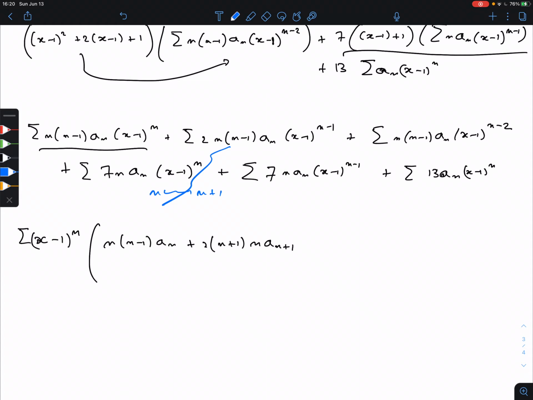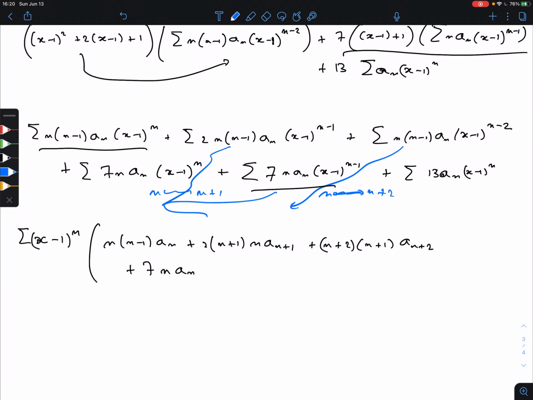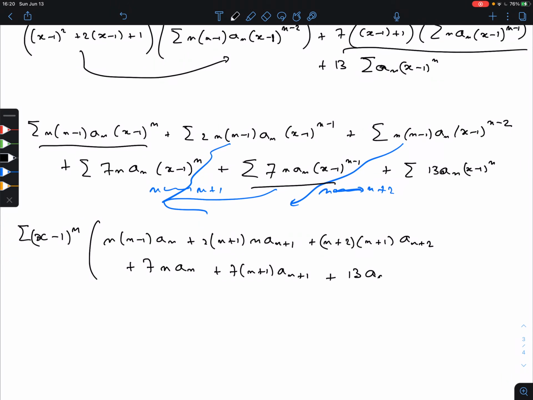The shift for this one I need to do twice, shifting up 2, so that is plus n plus 2 times n plus 1, a n plus 2, and now I have the right power. The next one requires no shift, but this one requires again a shift of this nature, shifting up 1, so this would be plus 7 times n plus 1 a n plus 1, and then the last one doesn't require a shift.